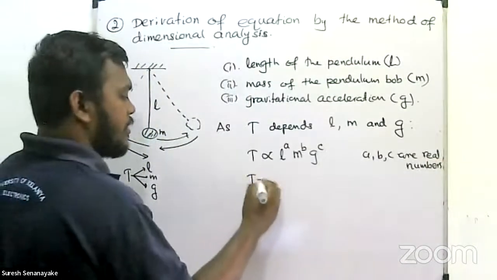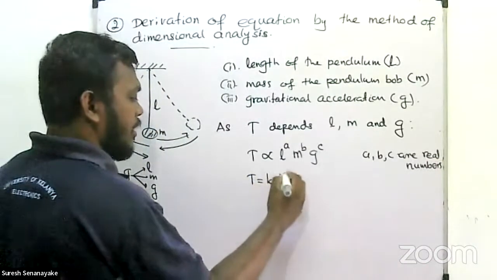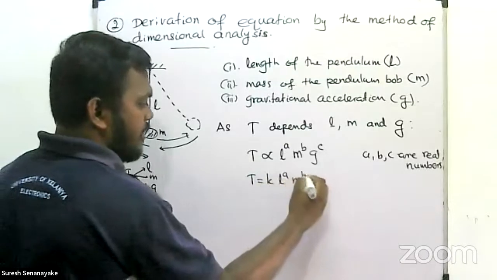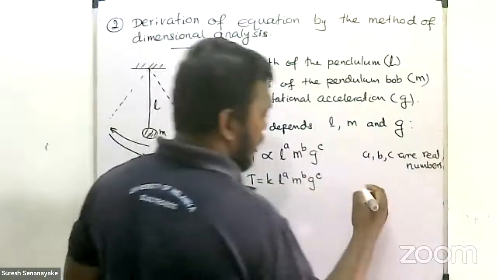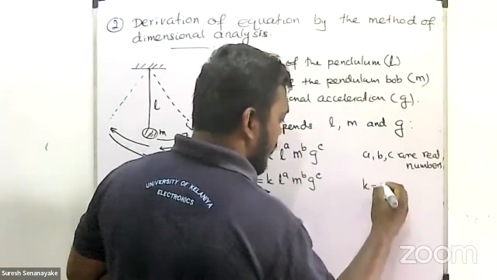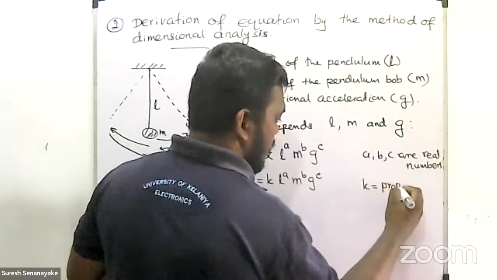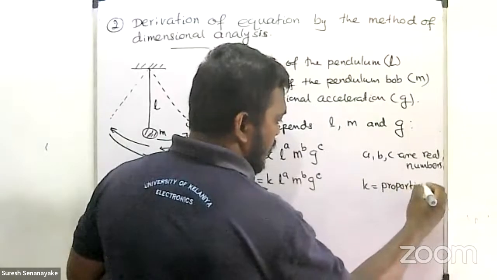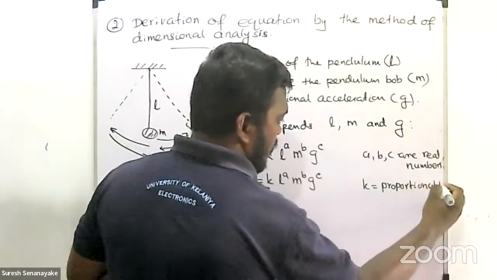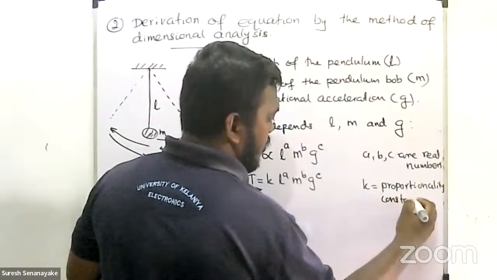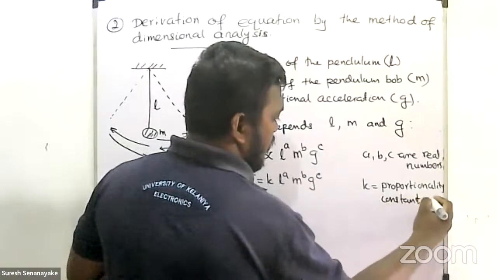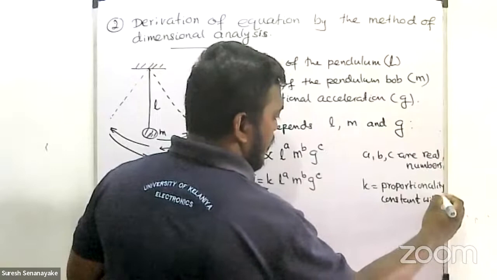Then we can write this as T equals K L to the A, M to the B, G to the C. Here K is the proportionality constant, without dimension.